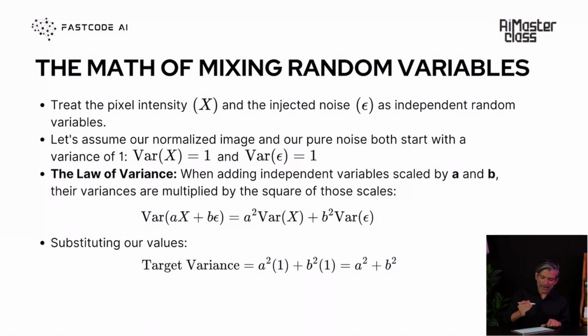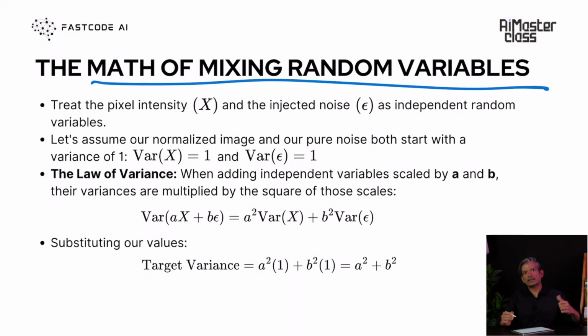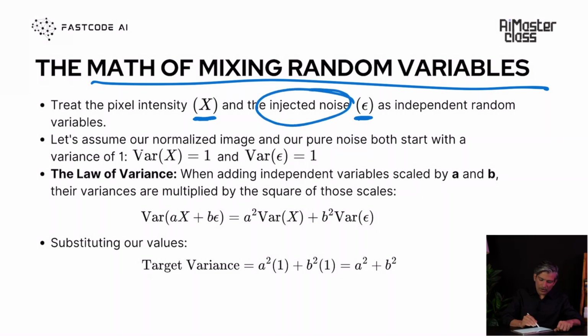The underlying math is essentially the math of mixing two random variables. What are the two random variables? We have x, which is the pixel intensity, and we have epsilon as an independent random variable, which is the injected noise. Let's assume our normalized image and our pure noise both start with a variance of 1. So the variance of x is 1 and the variance of epsilon is also 1.